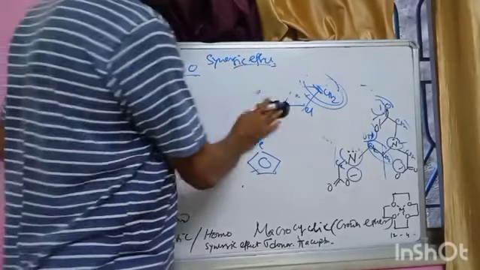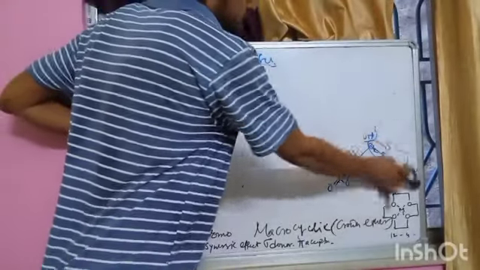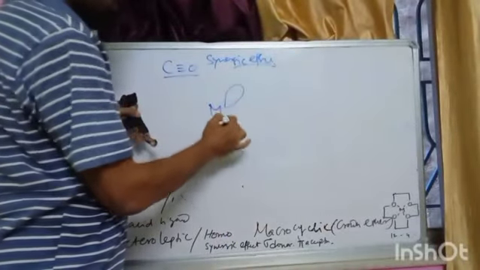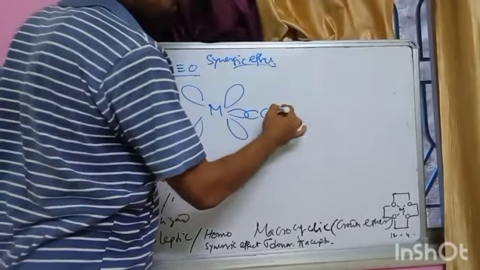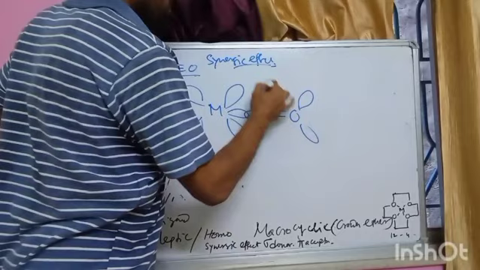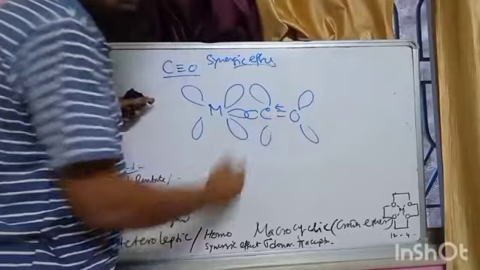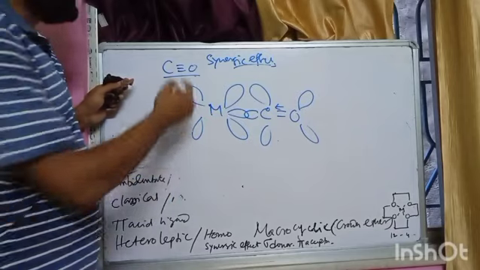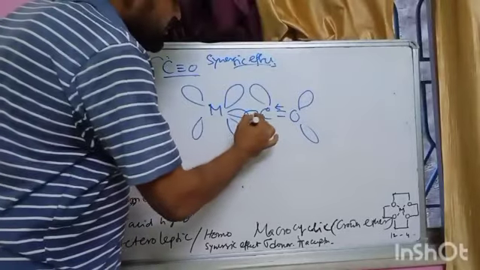There is also an effect called the synergic effect. Synergic effect means that when the neutral ligand CO, carbon monoxide, is bonded to a metal atom, the carbonyl compound CO acts as a ligand, and firstly it donates its lone electron pair to the metal atom and forms a sigma bond.